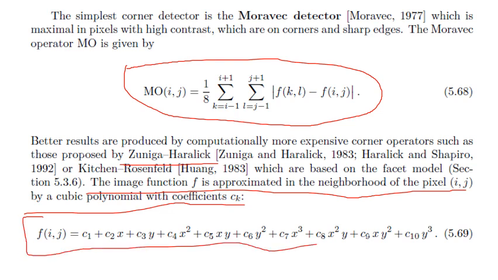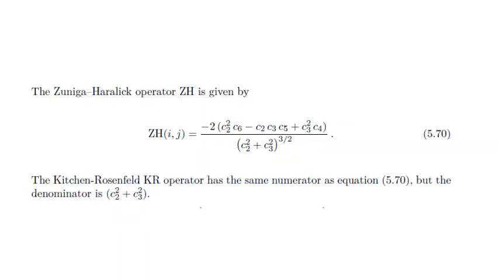This is another image function approximated in the neighborhood of the pixel that can be used for corner detection. The Zuniga-Haralick operator ZH is given like this. We already found the value of c in the previous slide, and that is used here to find the ZH operator.